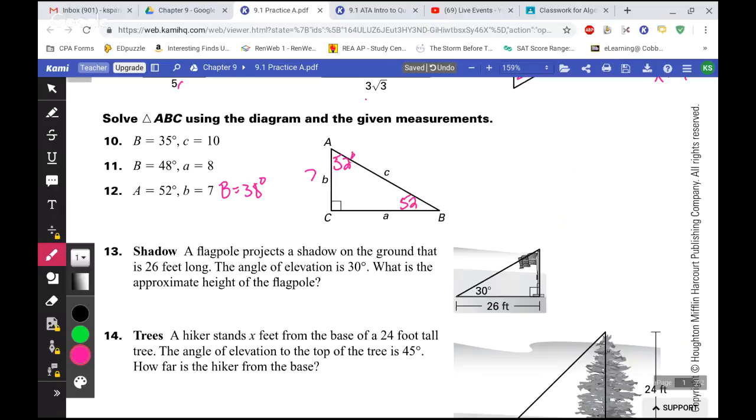So we could stick with cosine, or we could stick with sine and take opposite over hypotenuse again, or we could use cosine and do adjacent, cosine 52, and do adjacent over hypotenuse.